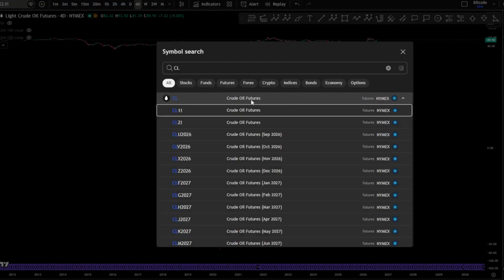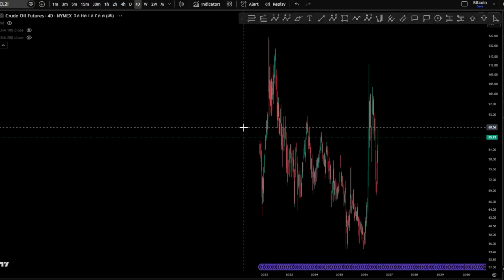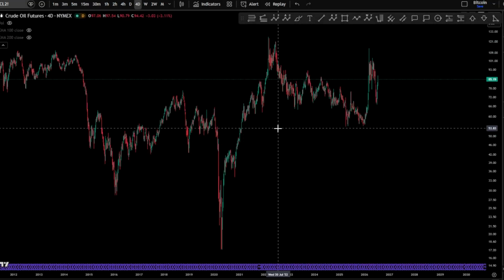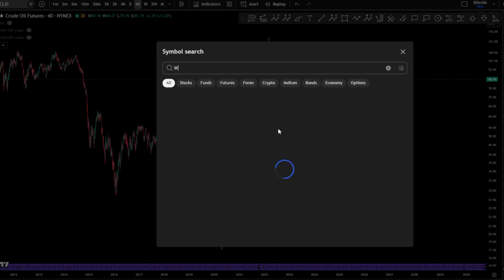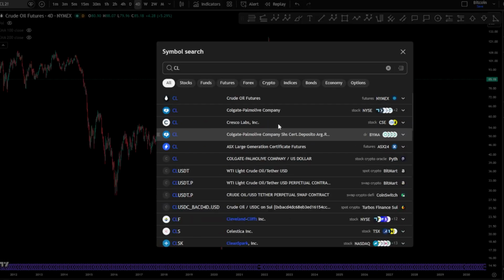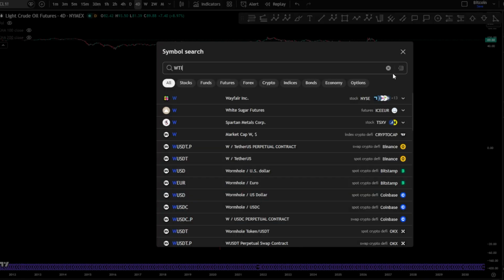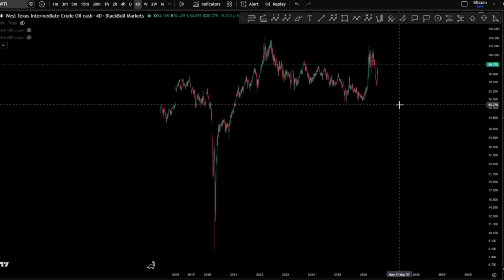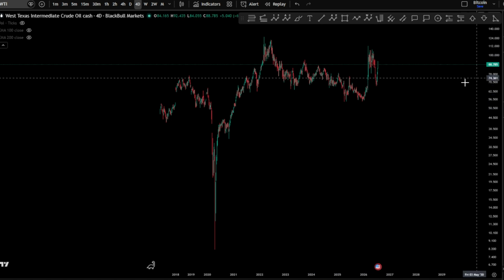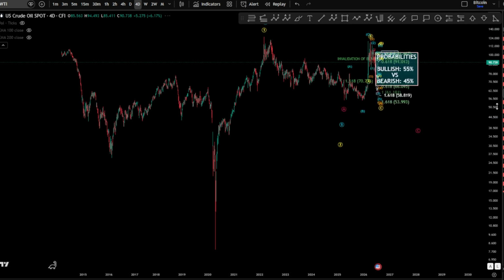Okay, it's called light crude oil. Right, but this one is different. Is it different than the price of WTI? Let me check. This WTI is also close. So I would say it looks like the same chart for the WTI. No need to go to CL. It doesn't look like a perfect chart, honestly, with that massive wick. So the platform has a very creepy price.